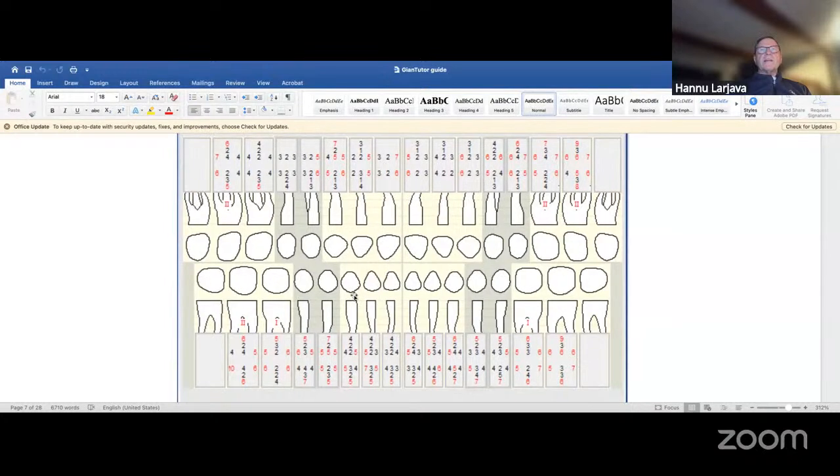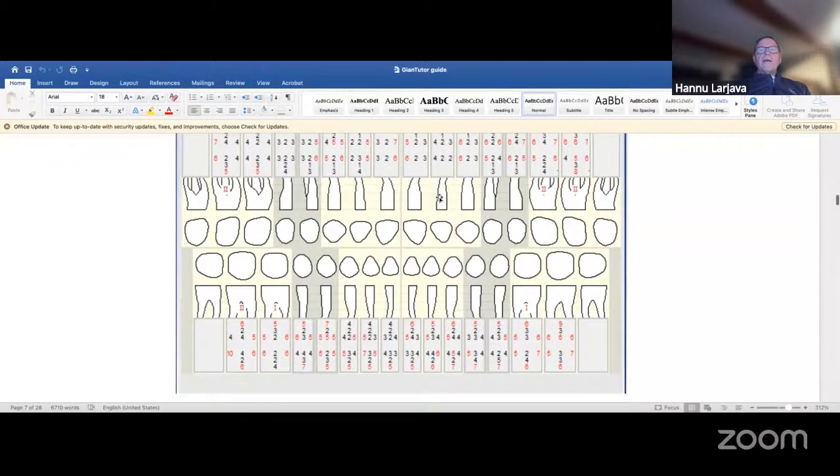It's getting a little bit more complicated because you have the middle numbers. It doesn't record zeros. So the middle numbers are the recessions, and the top numbers are the attachment loss, which of course is the probing depth plus the recession number. We don't record negative numbers. So if the gingiva is swollen above the CEJ, we don't record that.